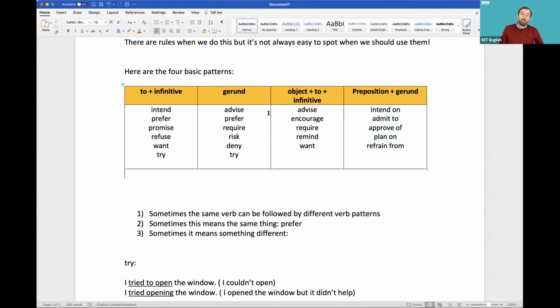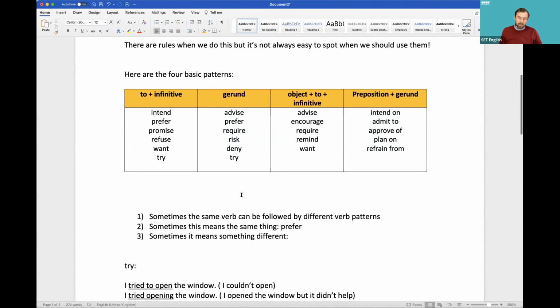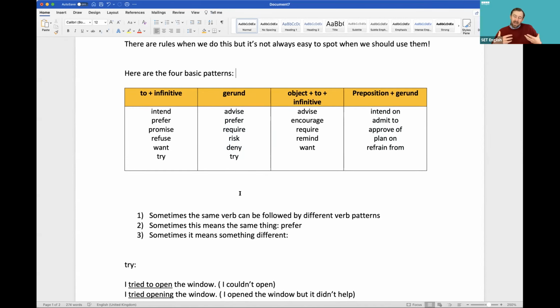So these are the 4 basic verb patterns in English. I know this one doesn't feel like a verb pattern and this one doesn't feel like a verb pattern, but they all start with verbs and then have some action after them.